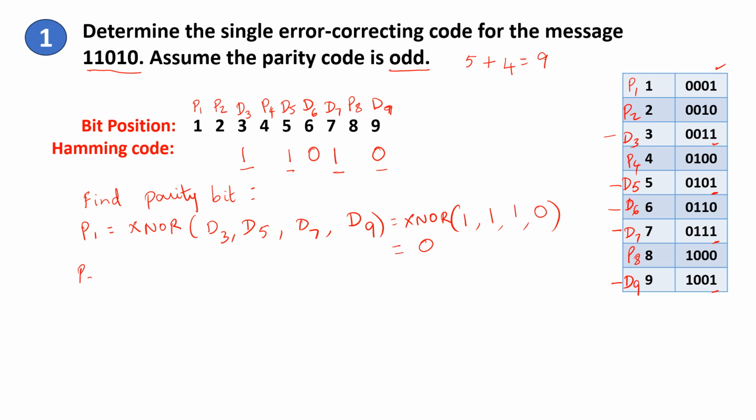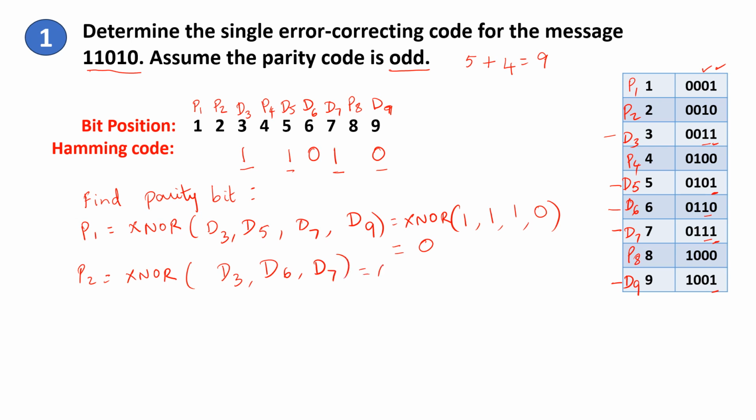Next, let's find P2, XNOR of, so let's choose the data bits. Here we have to take the second position and see among the data bits in which the second position has 1. So 1 in D3, D6 and D7.